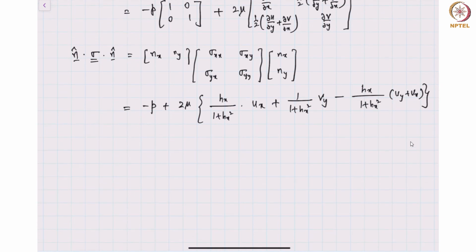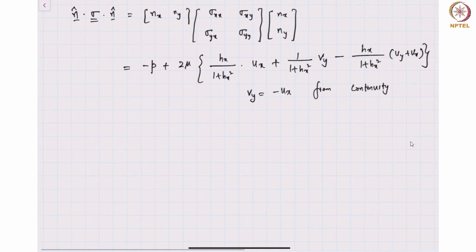But we can further recognize that the u derivative of x and the v derivative of y are related to each other through the continuity equation. Vy is minus ux. This is again, remember, only in 2D.